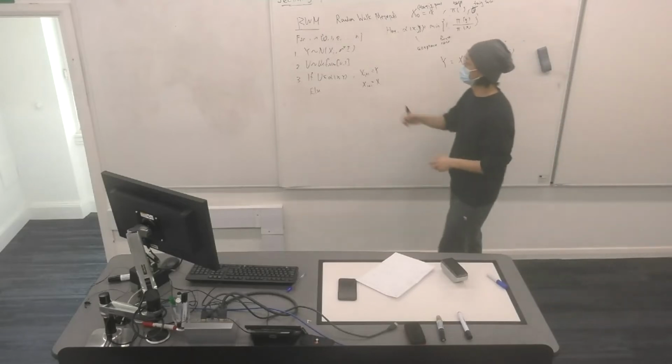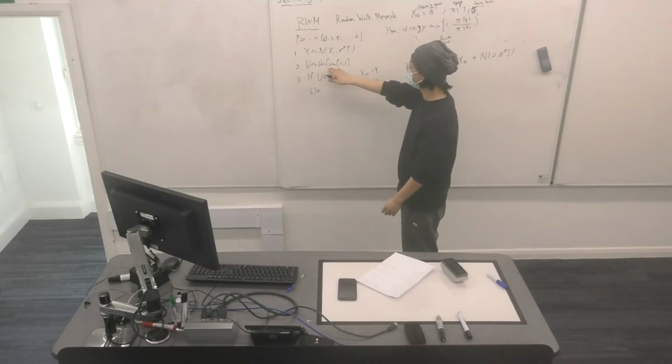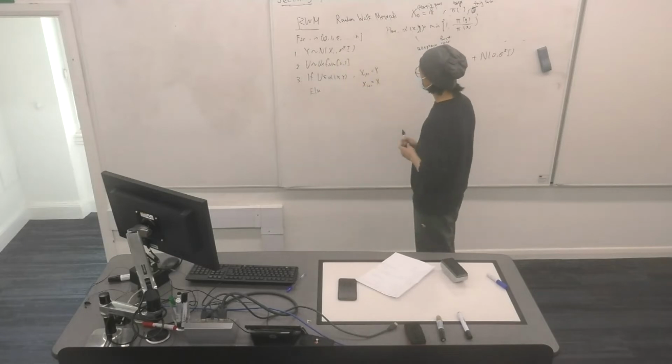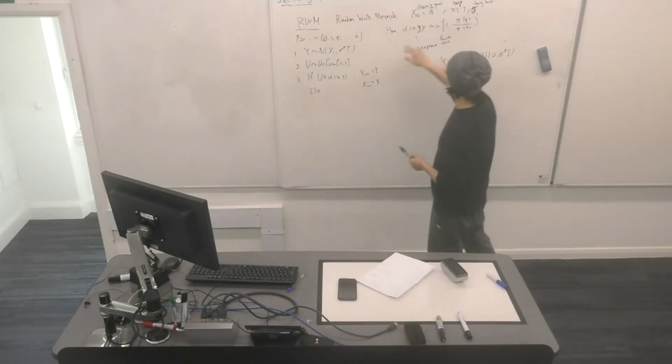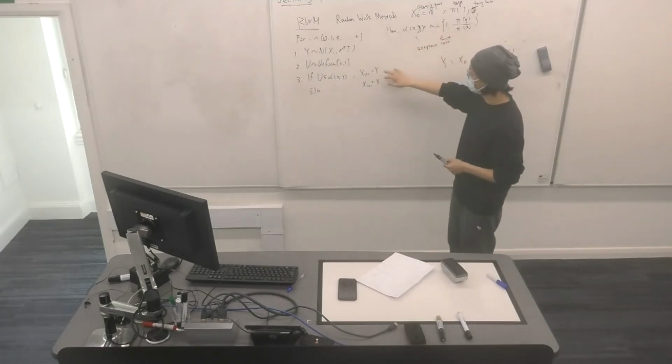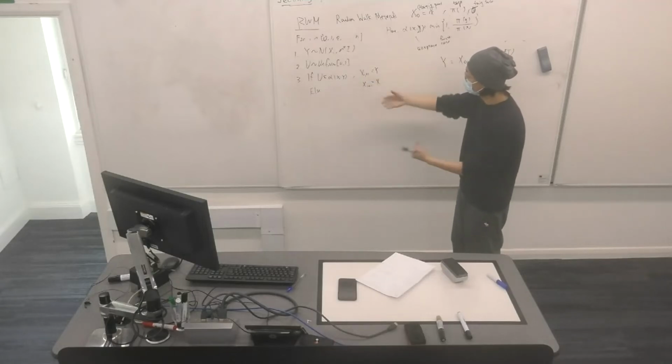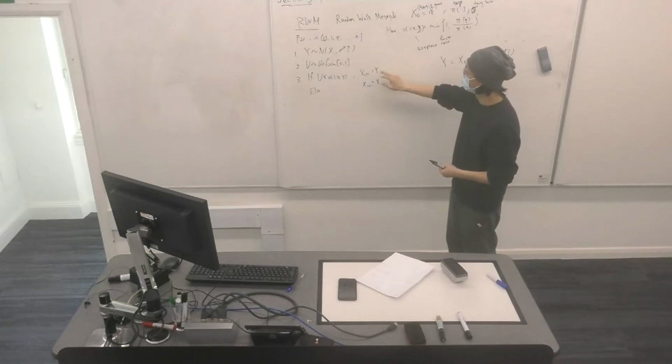So we sample this u from the uniform distribution, and we say that if u is smaller than alpha of x, y, where alpha is this, then we accept this change. So we set the next step to be this new proposed y.